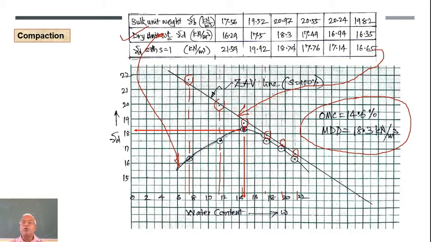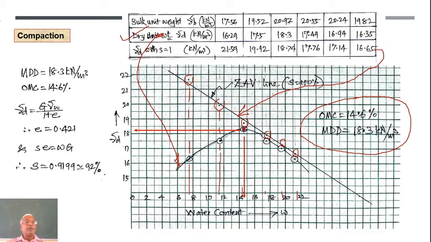So those are OMC and MDD, optimum moisture content and maximum dry density. So at the peak of that gamma D curve, you have to find the peak, and corresponding to that peak, whatever values of gamma D and moisture content are there, they will be referred to as OMC and maximum dry density.